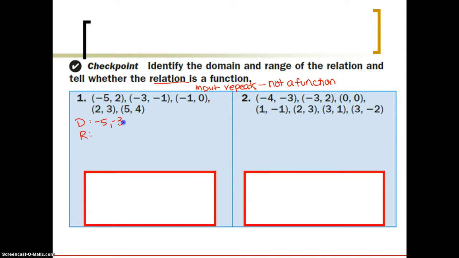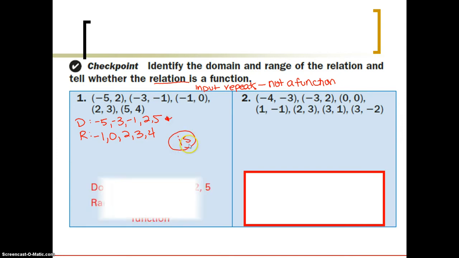Again, we put them in least to greatest. Range is, and even the range, I put in least to greatest. So -1, 0, 2, 3, 4. You can see these are my inputs. It is a function.